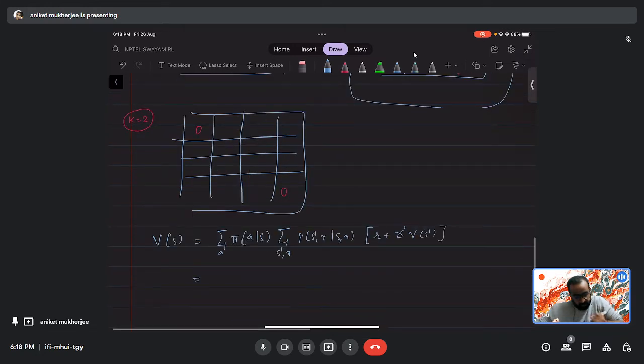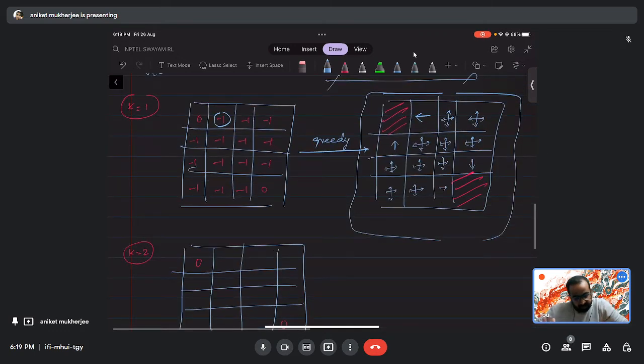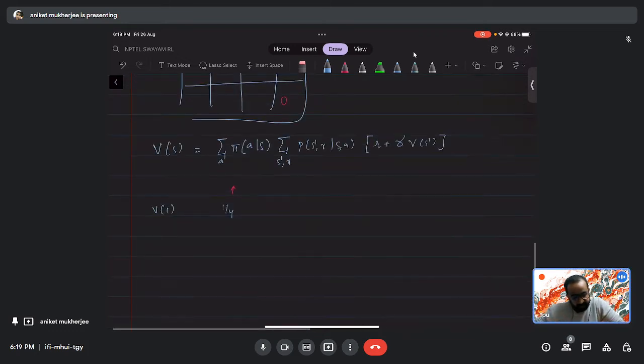Now, what is the probability of choosing the up action? If I'm in state, I want to do V(s1), V1. What is the probability I choose the up action? 1/4. Good. This policy I have not yet updated, so you're in the same policy, 1/4.